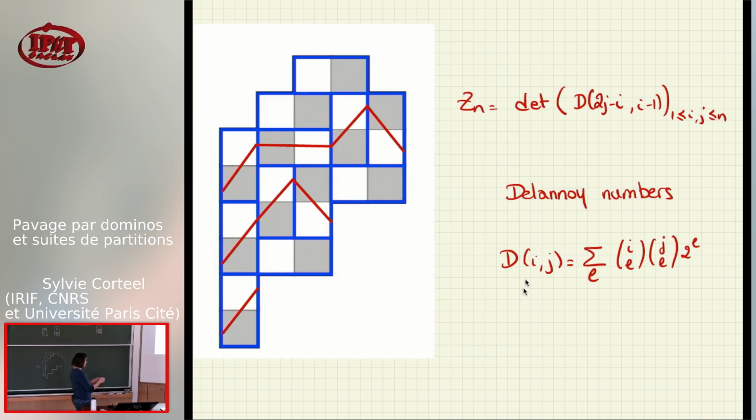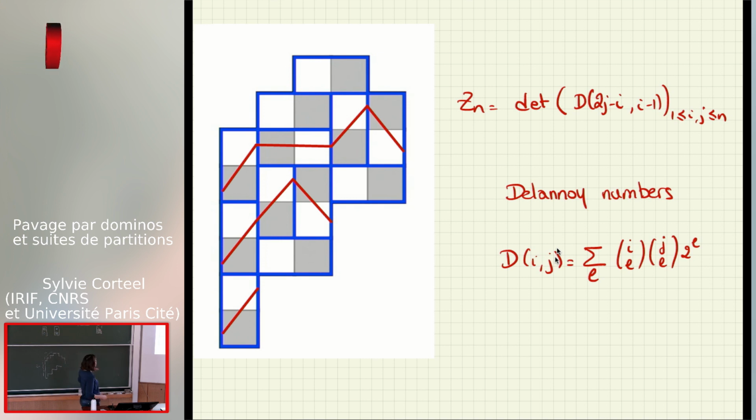If you do this, I'm just going to rewrite it as u to the i, v to the j. So this partition function, Zn, is a determinant of what we call in combinatorics the Delannoy numbers.